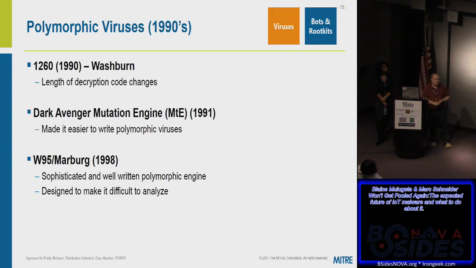Polymorphic malware is something I mentioned earlier. The first known example of that is 1260, written by Washburn, a research project in 1990, and it introduced the idea where the bulk of the malware was encrypted, and then it would rearrange and add no-ops and other things into the unpacker so that the length of the unpacker changed constantly.